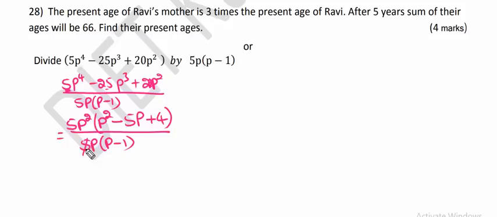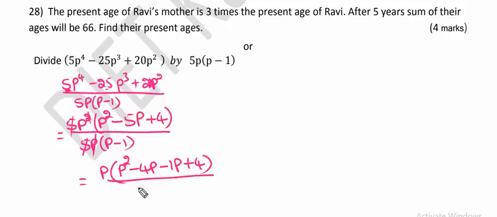Now we divide. 5 and 5 get cancelled, p gets cancelled, only 1p is left in the numerator, and we factorize p square minus 4p. So p square minus 4p minus 1p plus 4 is the factorization method, with p minus 1 in the denominator.